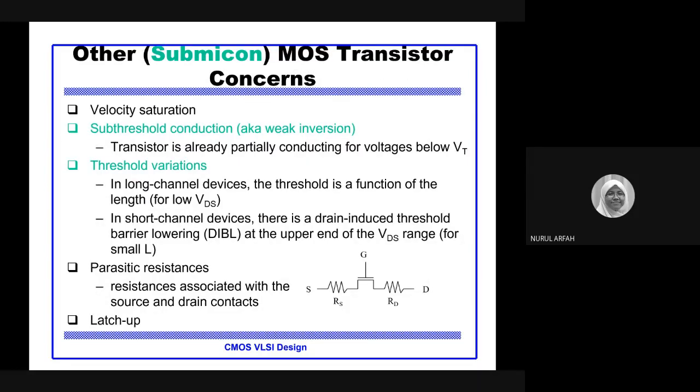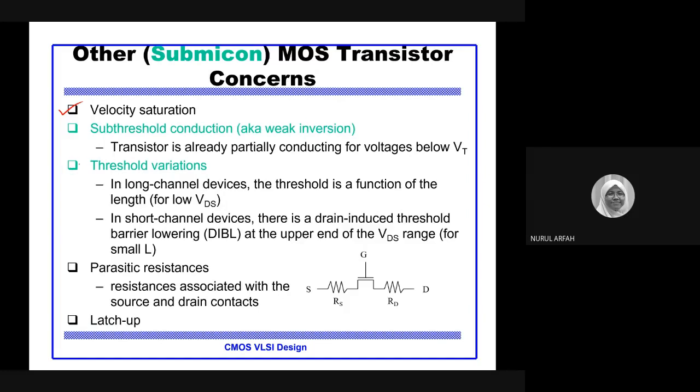So there are other concerns when we reduce the transistor length, the channel length of your device. The first one we already discussed, velocity saturation. Second is the subthreshold conduction, or we know it as weak inversion.